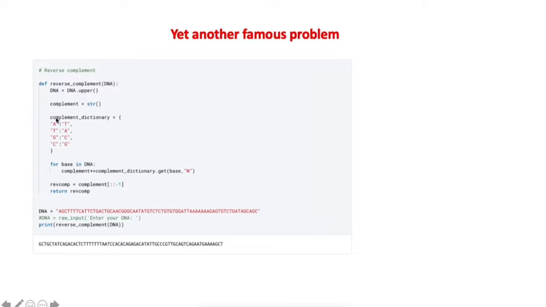In this dictionary, the key-value pairs are: for A we want T, for T we want A, in place of G we want C, and in place of C we want G. We go through a loop and do this operation for each base in the DNA string. Once we give a DNA string to the function, the output we get is the reverse complement of it.